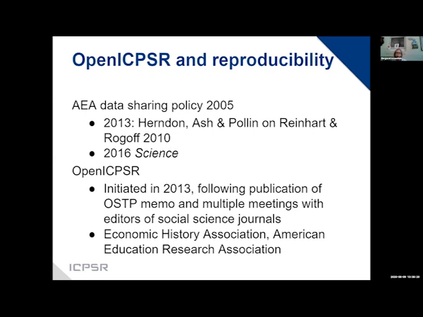And in response to all of this activity and discussions that ICPSR was engaged in with different stakeholders in the social science field, ICPSR created what we call Open ICPSR, which really is a repository for data extracts that are used in research articles.